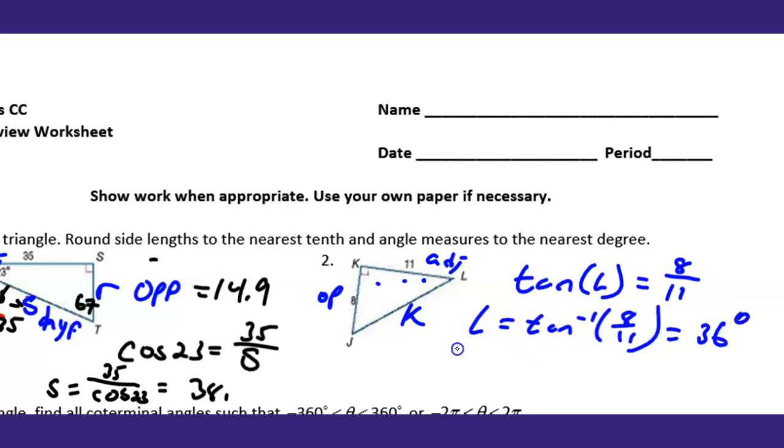Now that we have 36 degrees, we can find this other angle because that's 90. So 90 minus 36 gives us 54. So J is 54. Lastly, we have to find the hypotenuse K. I'm going to still use angle L, which is 36. Opposite is 8 over K, so that's sine.